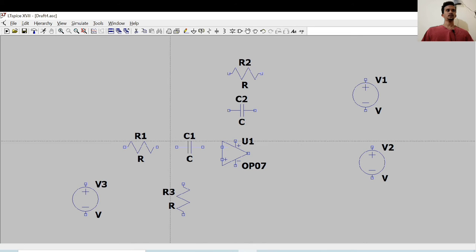Okay, connect it. So I am designing a practical differentiator circuit to see its frequency response. So let's connect this.